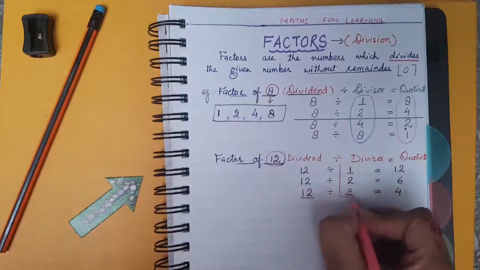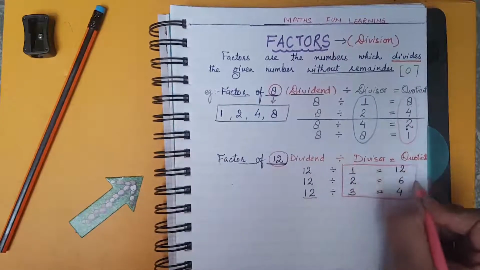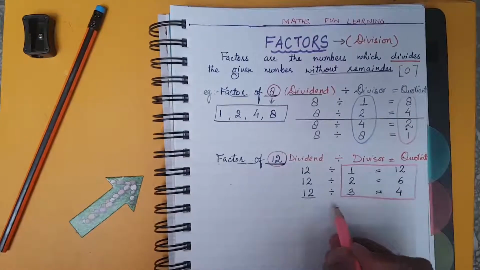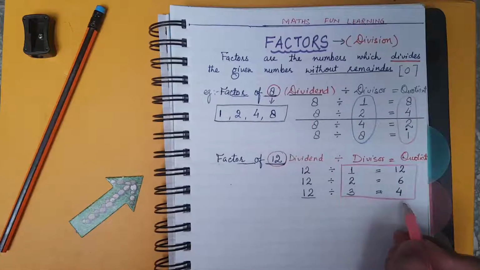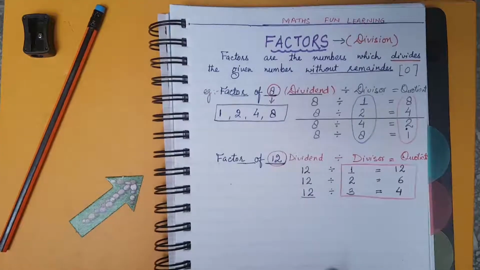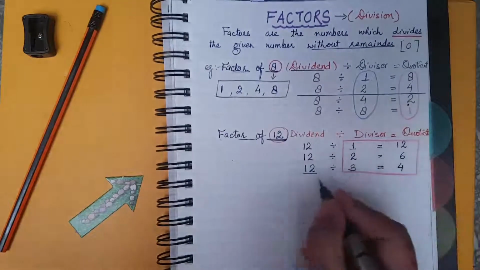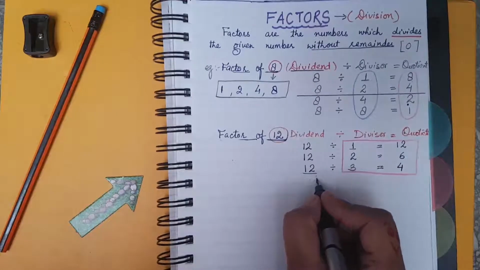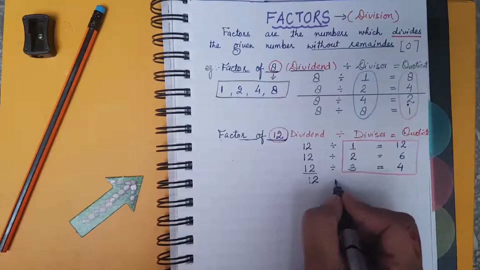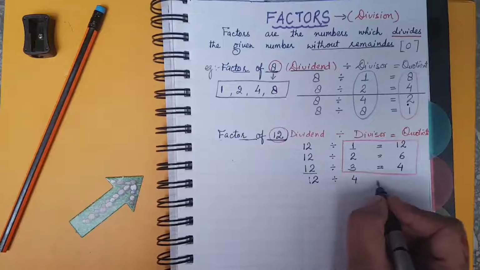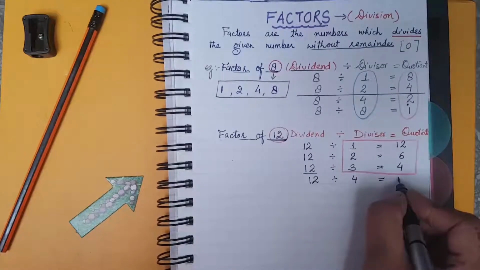You can see these are the factors of 12, because after 3, if you divide with 4, you will get a quotient 3. Okay, to understand more, I will divide it. Here you can find out all the factors. After 3 we can divide with 4. You can see 4 comes here and 3 times you can divide.